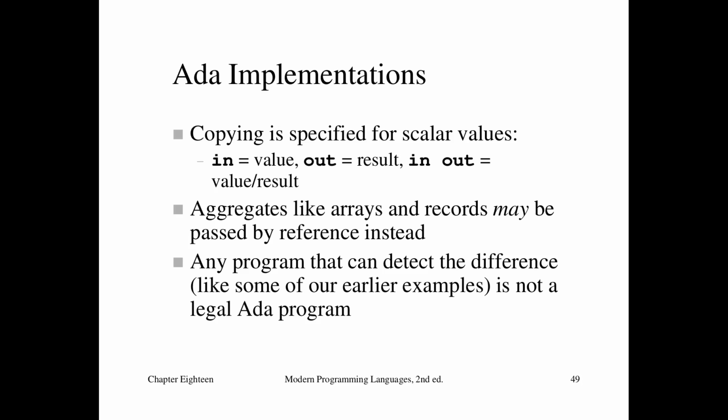But when we have aggregates such as arrays or records, or essentially objects, they may be passed by reference instead. You have the capability to modify the reference, so it's by reference. Any program that can detect the difference, like some of our earlier examples, is not a legal Ada program, right? So that's a problem.